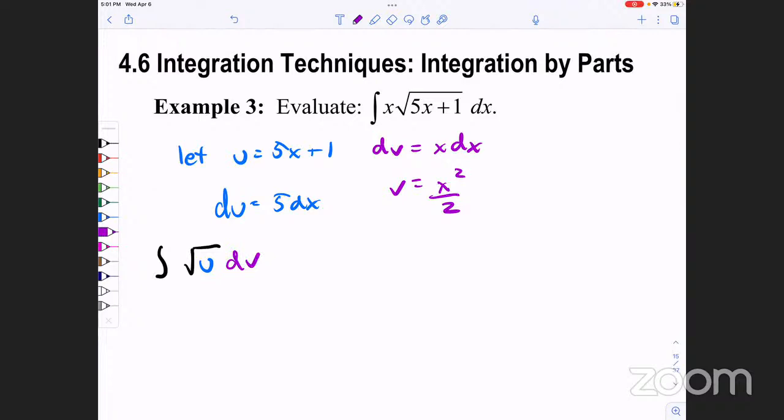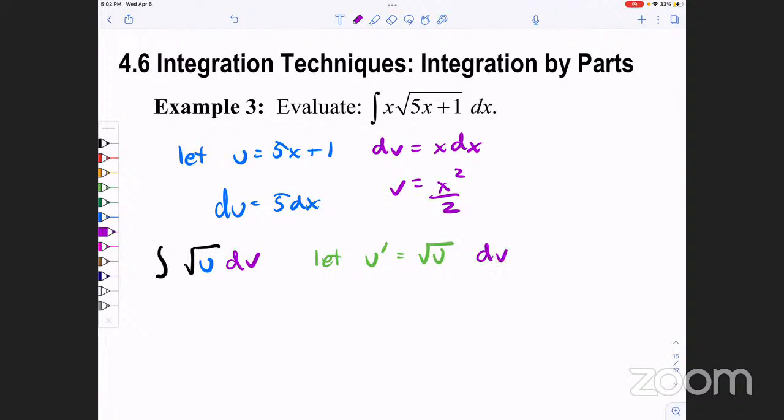So I'm tempted to just do integration by parts again. So I'm going to consider u prime. I think that's what they want. Let's let u prime be the square root of u, right?